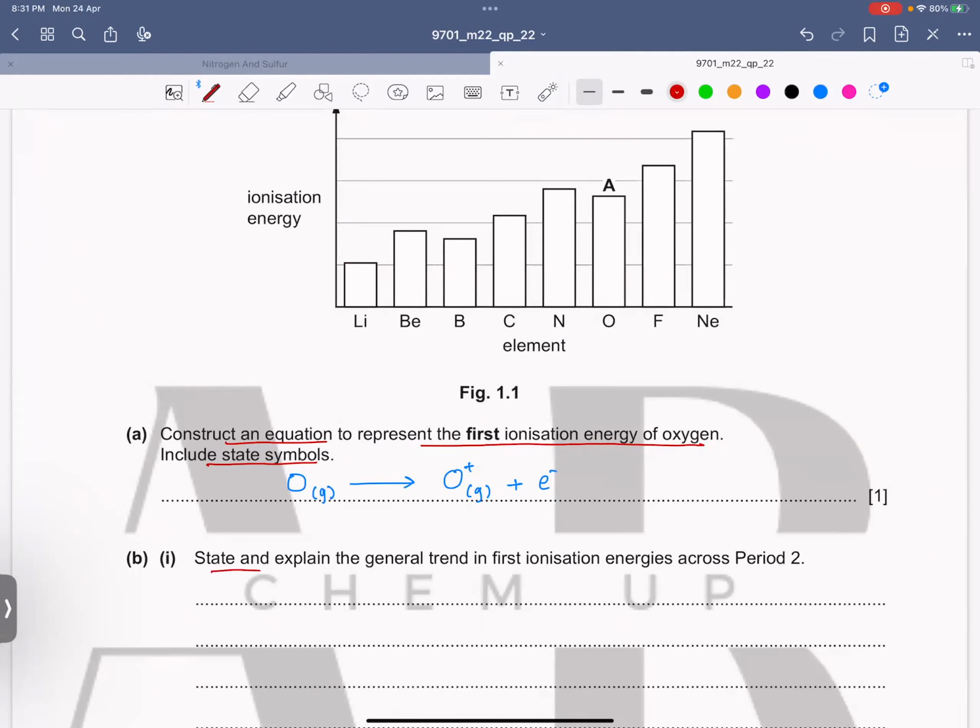They are asking to state and explain the general trend in first ionization energy across the period. So if you see, this is period 2, starting from lithium and ending at neon, from group 1, group 2, group 3, basically group 13, group 14, group 15, 16, 17, and 18, right?